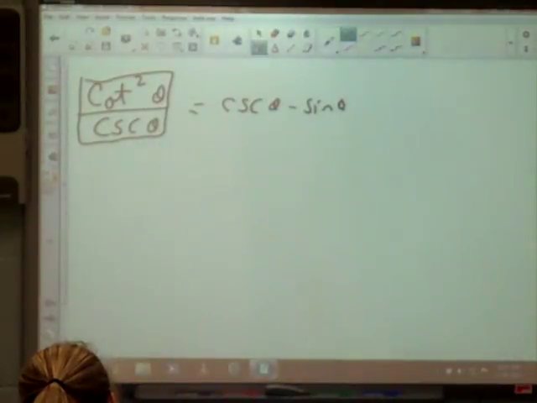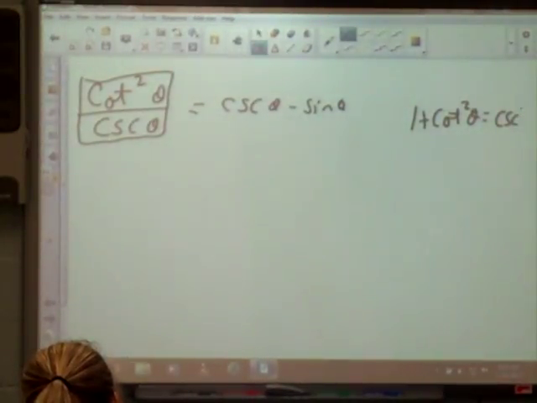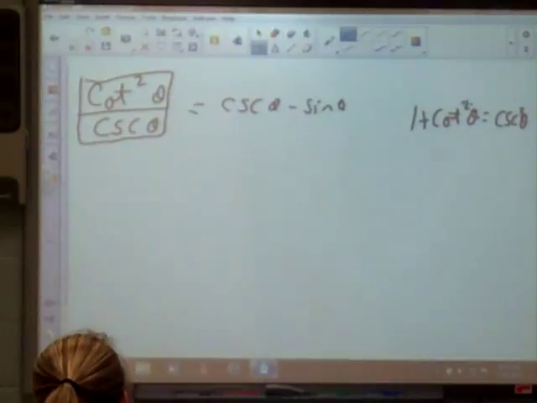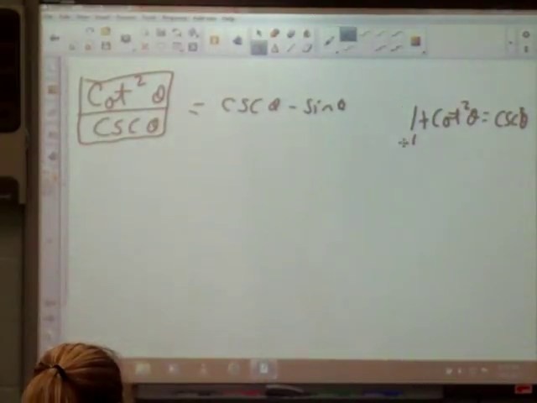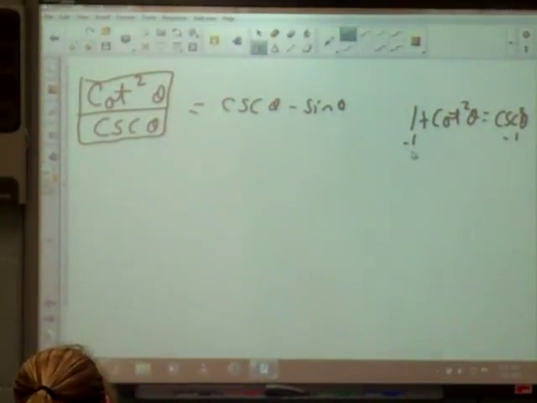1 plus cotangent squared. Let me write it over here on the side. 1 plus cotangent squared equals cosecant squared. Okay, so I've got cotangent squared. So to get this Pythagorean identity solved for cotangent squared, all I would do is subtract 1 from both sides, right?